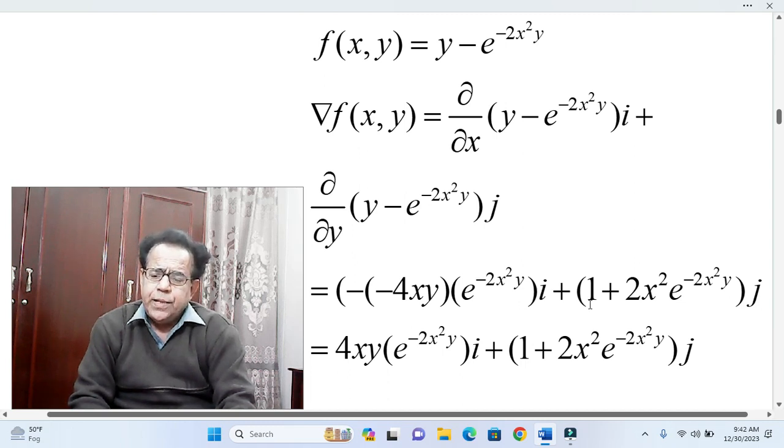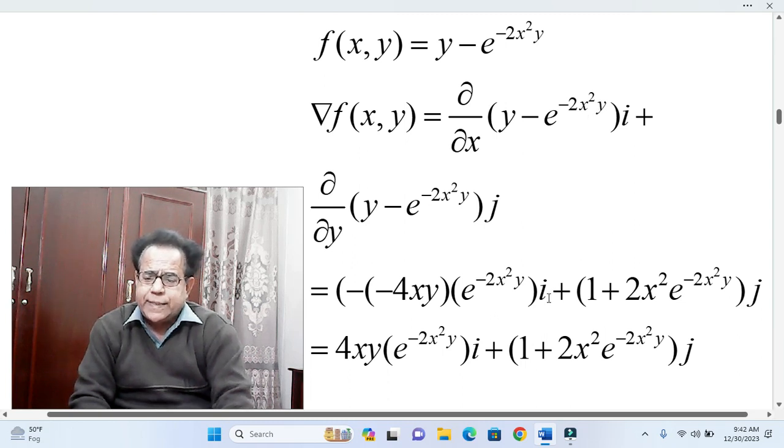While in case of partial differentiation with respect to y, this y will become 1, and we will differentiate the upper portion first with respect to y. So here y will become 1, giving minus 2x square.